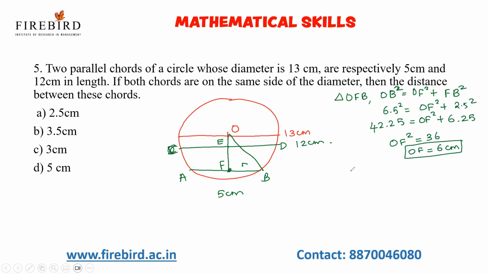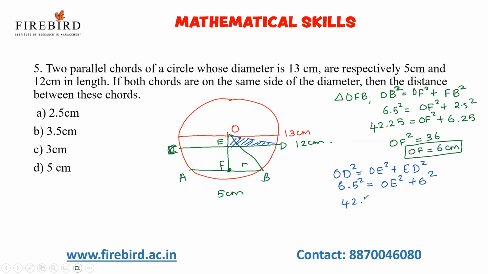And now, if I consider another triangle, OED, OD square is equal to OE square plus ED square. So OD square is nothing but what? Same radius of the circle, 6.5 square, OE square plus ED square.